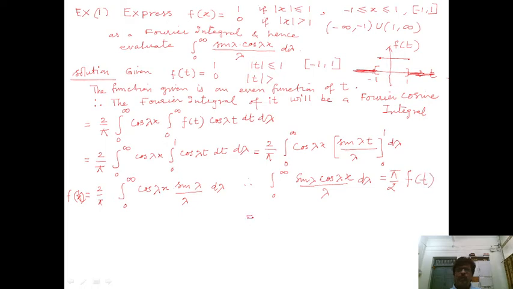So that is further equal to pi by 2 times f of t. What is the value of f of t? The value of f of t is 1, for what? For minus 1 to 1. So it is equal to pi by 2 into 1 for t equal to minus 1 to 1, and it is equal to pi by 2 into 0 otherwise.